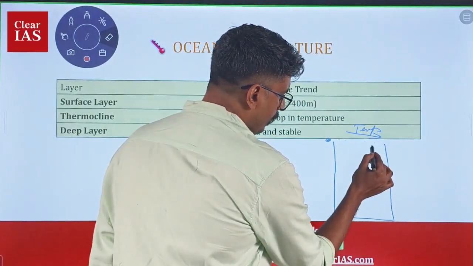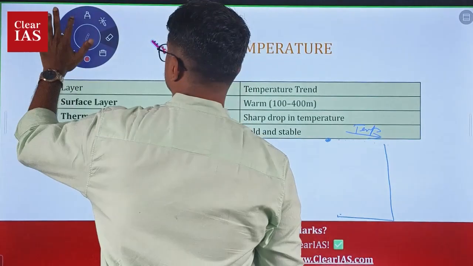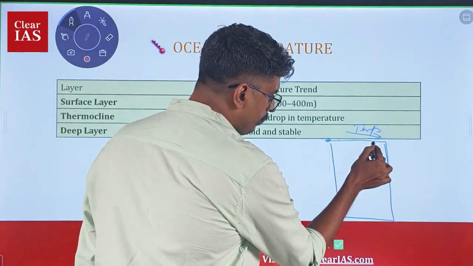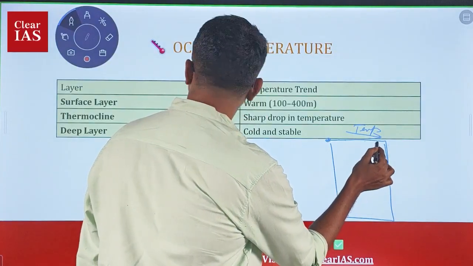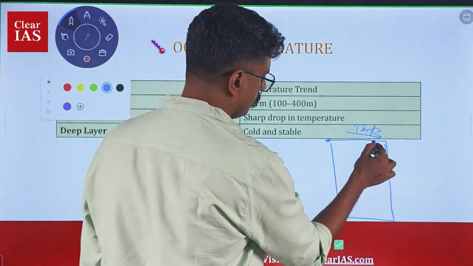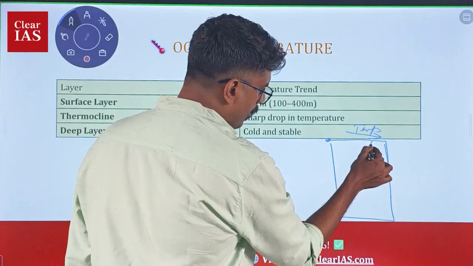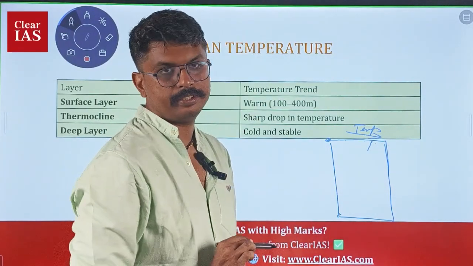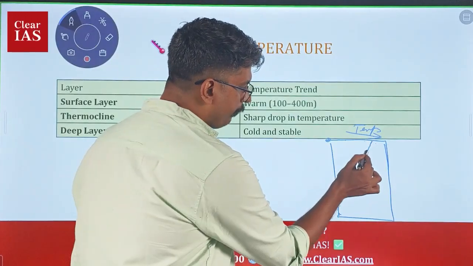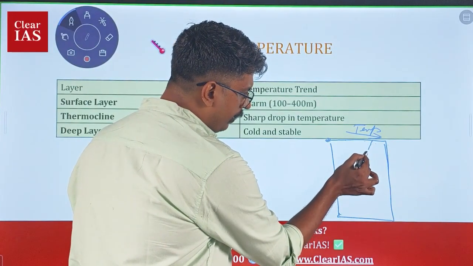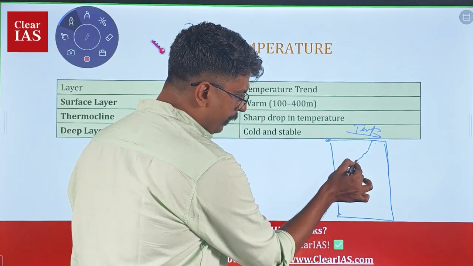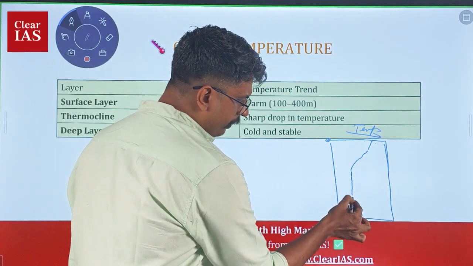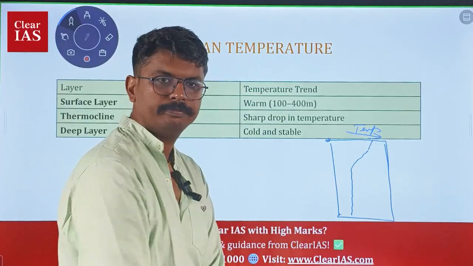So if this is how the temperature is, the temperature would be highest here on the surface, and it would start decreasing slowly. At one point there would be a sudden decrease in temperature, and after that point the temperature almost remains constant.